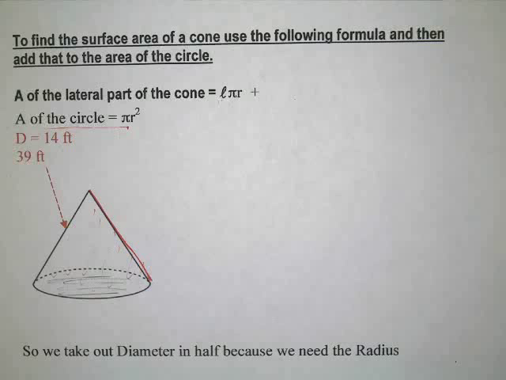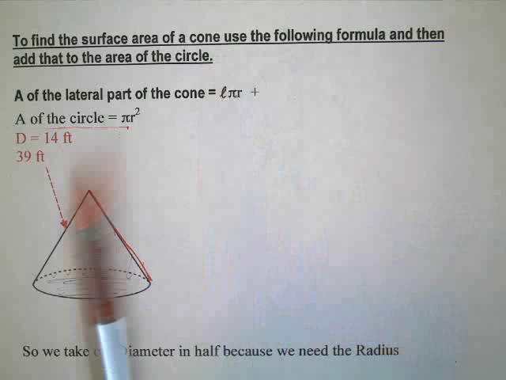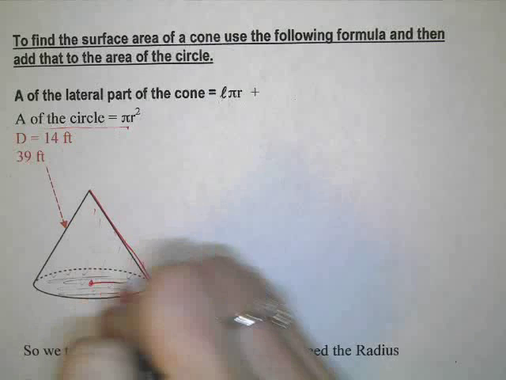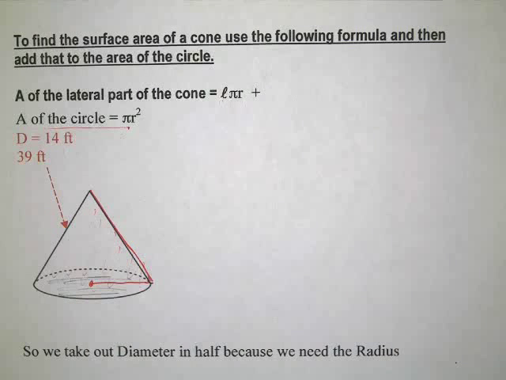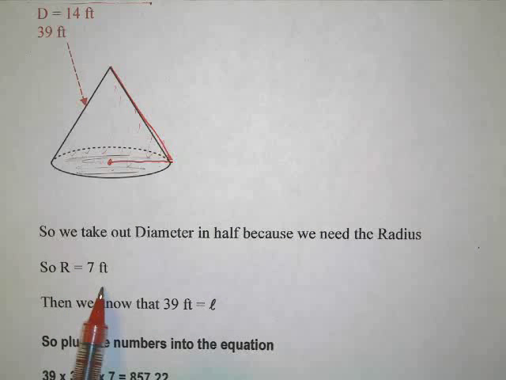Katie? He needs the r, the radius, and we know that radius is half of the diameter, right? Do you remember that, Evan? So we need this part, not the whole thing. So r equals 7.